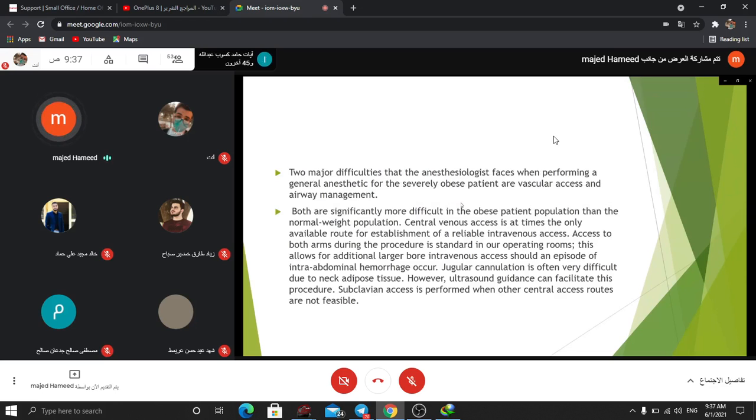Two major difficulties that the anesthesiologist faces when performing general anesthesia for severely obese patients are vascular access and airway management. Both are significantly more difficult in the obese patient population than in the normal weight population.